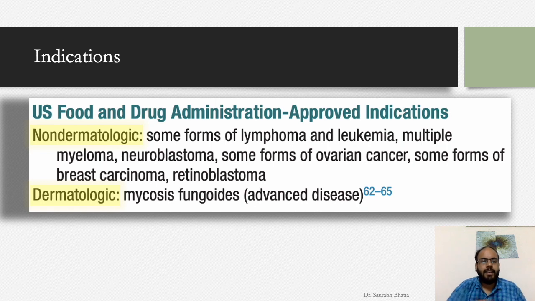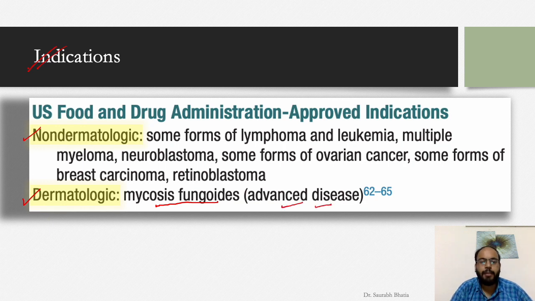Now, indications for cyclophosphamide uses. So, US FDA has approved indication for non-dermatological and dermatological uses. In skin, it is used only for mycosis fungoides and that too in advanced stages of disease.